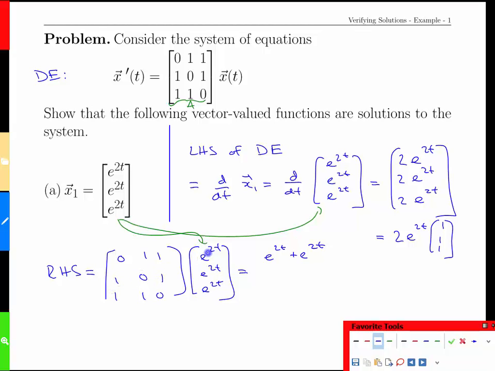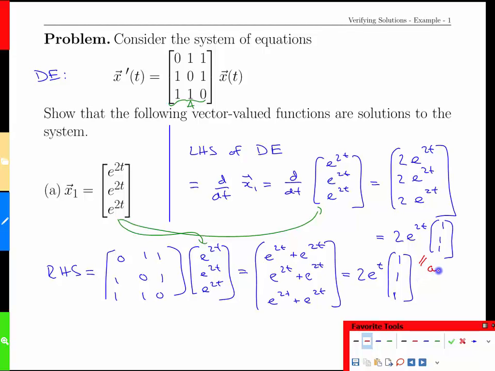On the second row, we'll have e to the 2t plus 0 plus e to the 2t. I think you can see where this is going. And then we'll have e to the 2t plus e to the 2t plus 0. So I'll have 2 e to the 2t's times 1, 1, and 1. And these are equal. And so we get a check mark.